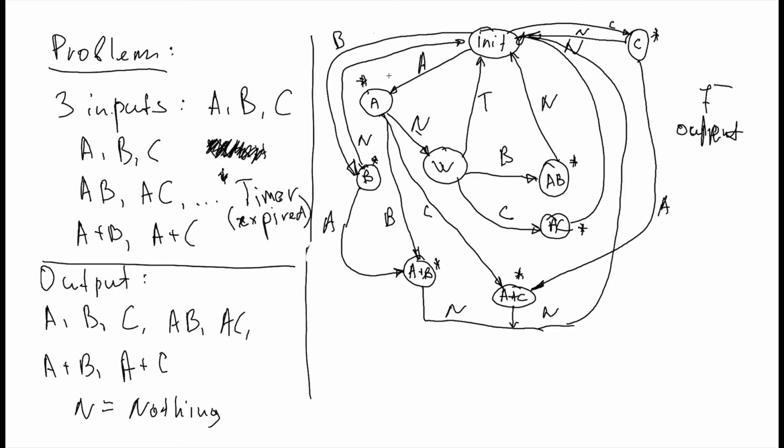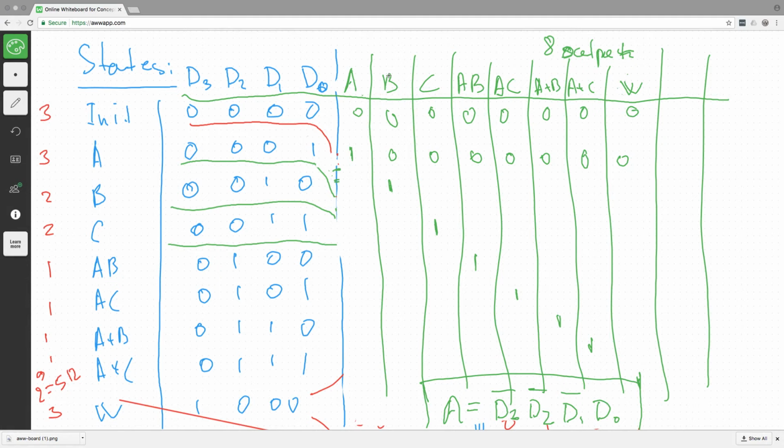And another possible optimization here could be to consider the 9 states of the finite state machine. Right? We have 9 states. 9 states of the finite state machine require 4 triggers.